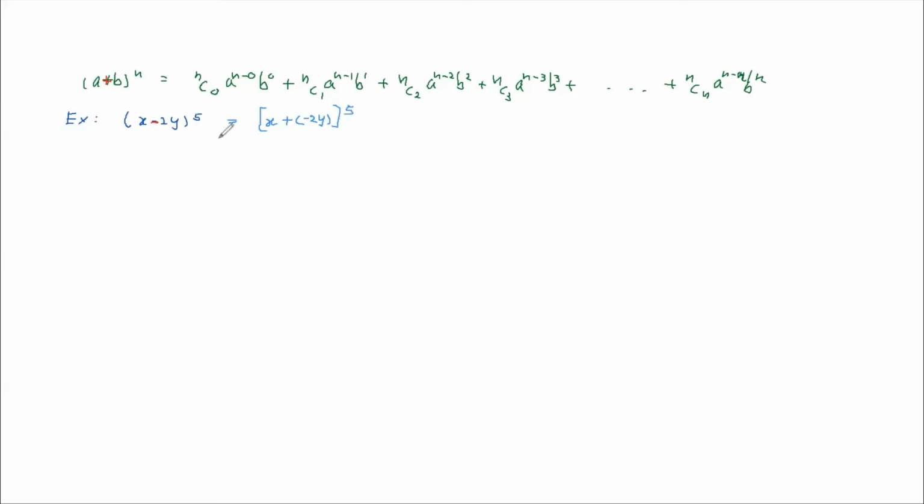Okay, so we can write down now, n equals 5. From the formula, a equals x, and b equals negative 2y. Okay, now we break it.